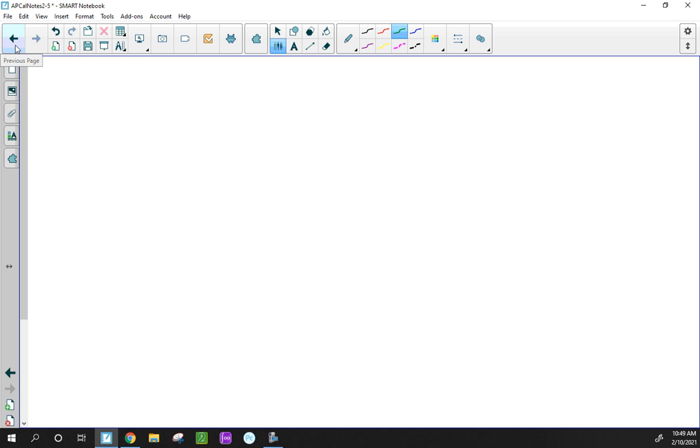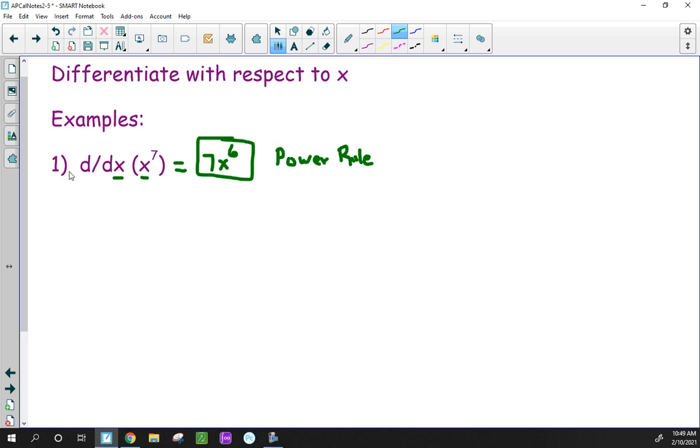Okay, example 2. Find the derivative with respect to x of y to the 7th.